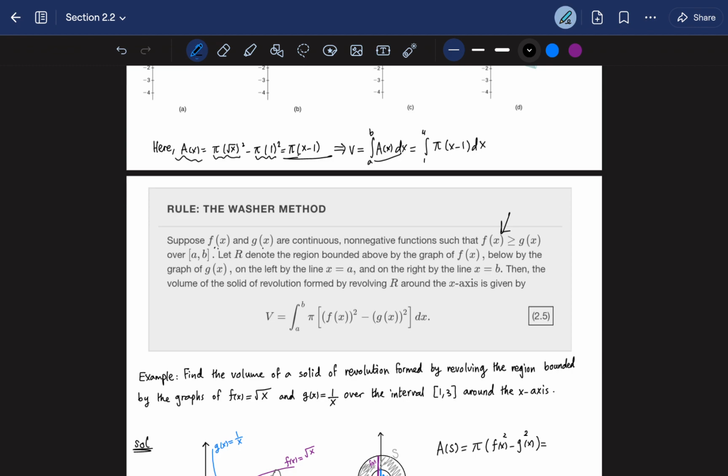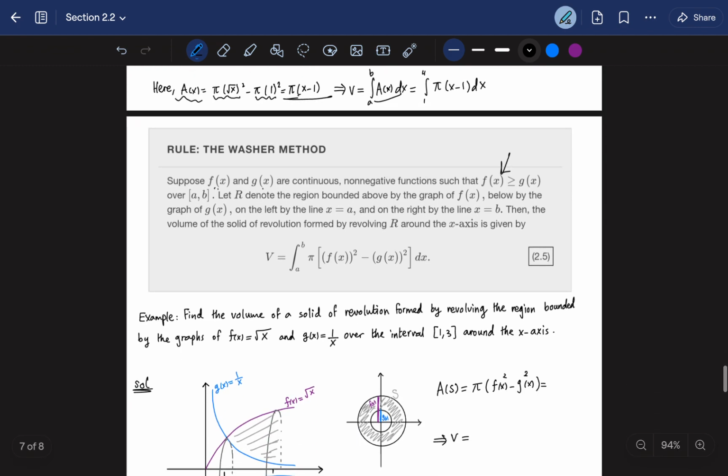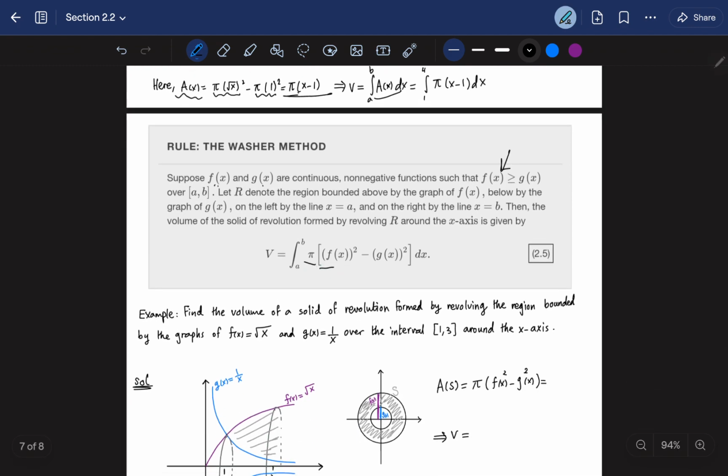To find the solid of revolution revolving around the x-axis, we just take pi times f of x squared minus g of x squared, and we integrate it. So this is the area of the cross section. This is the area of the bigger circle, then we subtract the area of the smaller circle to get the area in between, which is what we want.